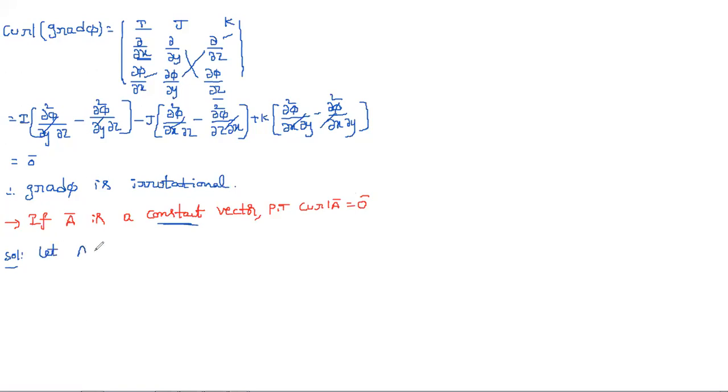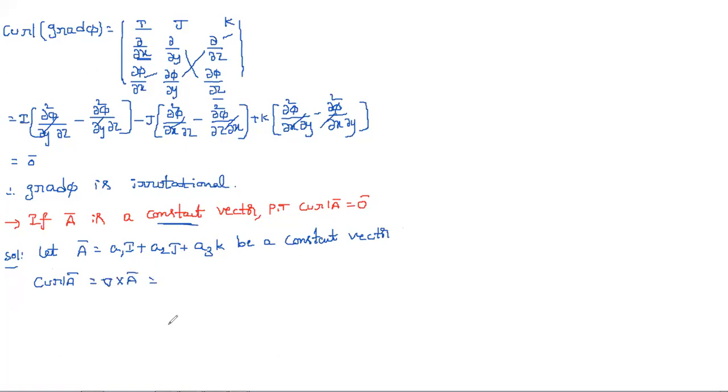Let A bar be equal to A1 i plus A2 j plus A3 k, a constant vector, and then we are going to prove curl A bar is null. So curl A bar is equal to del cross A bar.